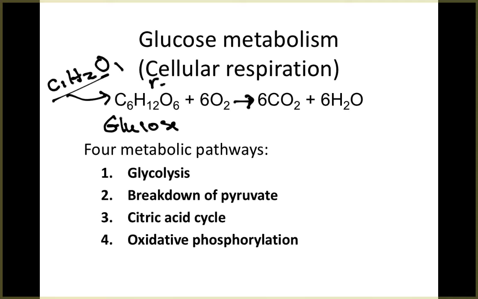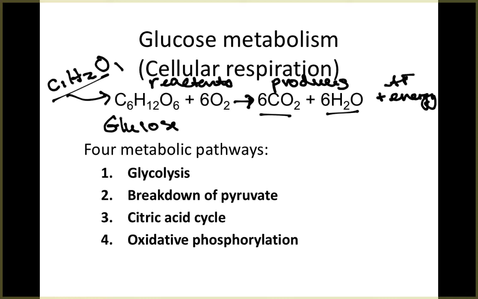So these are the reactants. And these are the products, right? And so essentially what you're making is 6 carbon dioxide and 6 water, and then plus energy because that's what you're making. You are going to be making ATP here, right?